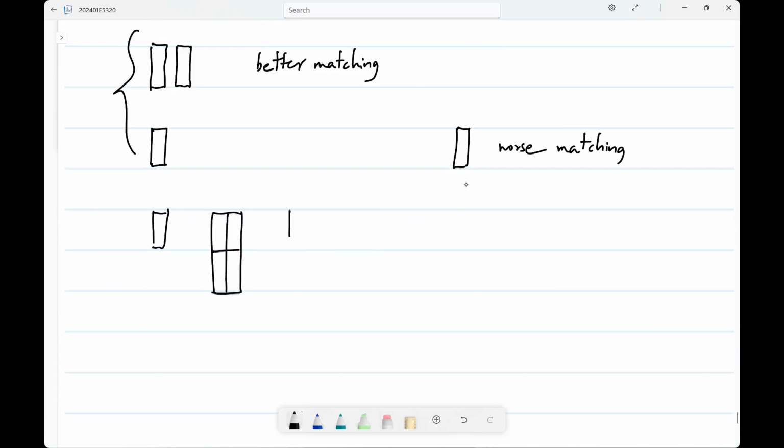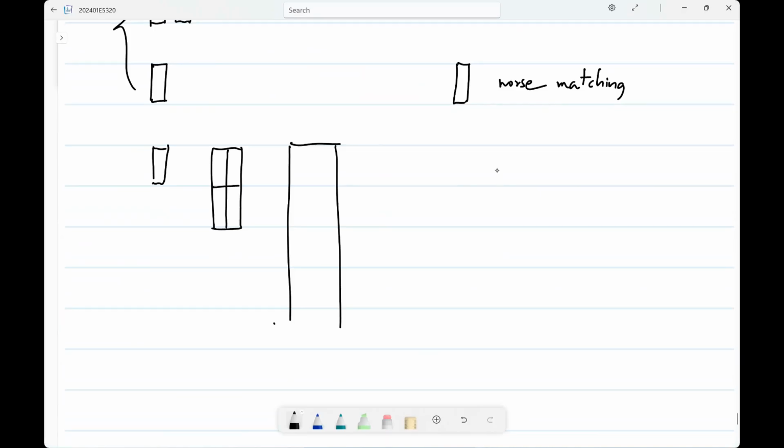If you make a very large one, this also can be thought of as some combination of identical units, but you can see the distance between this and that are quite large. So it's not the same as the distance between adjoining pieces. So the matching between this one and that one will be much worse than the matching between those two.